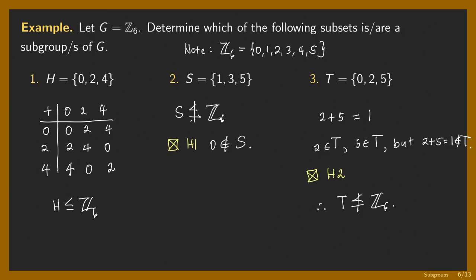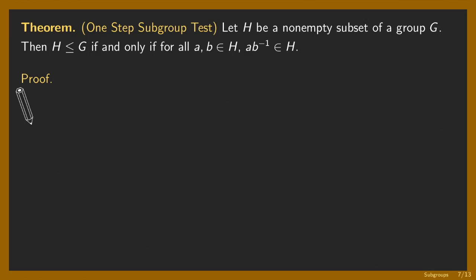Okay? So as you can see, there are basically 3 steps in order to prove that a subset is a subgroup. In fact, these 3 steps can be done in only one step, provided that you know that the subset is non-empty. So let's say you have a candidate subset H and you know that it is non-empty.